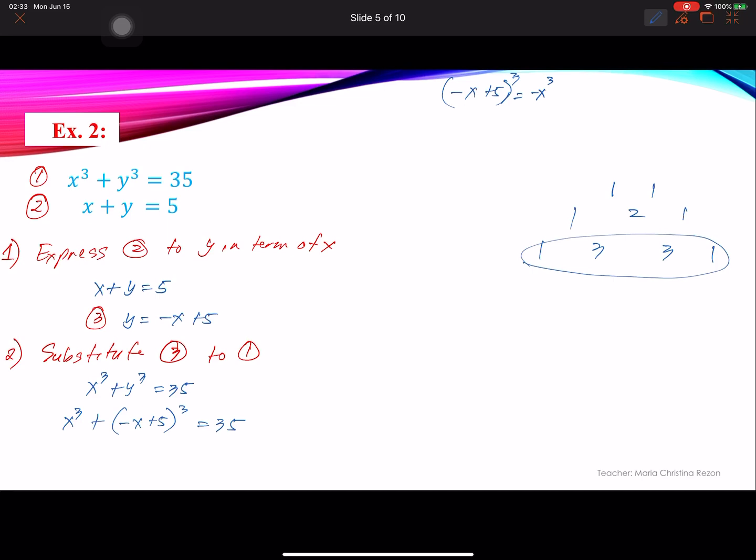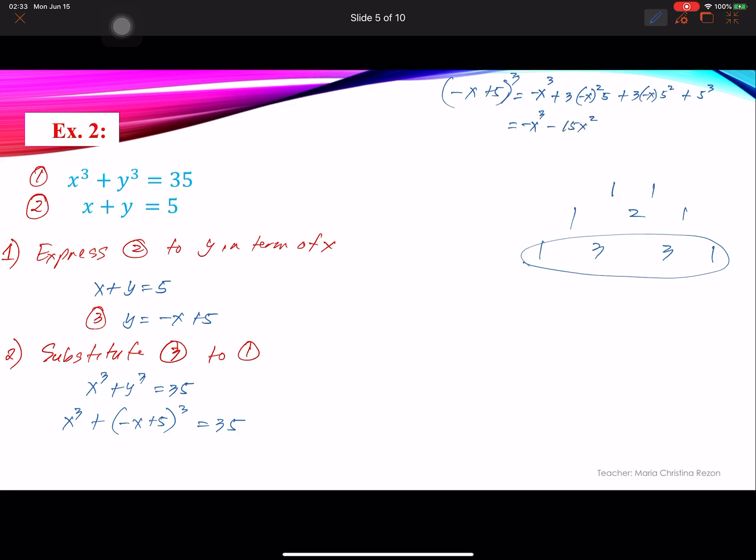So let's have plus 3, that is your coefficient, times negative x squared, and the second term is 5, plus your coefficient is 3 times negative x, and the second term is 5, you square that, plus 5 cubed.